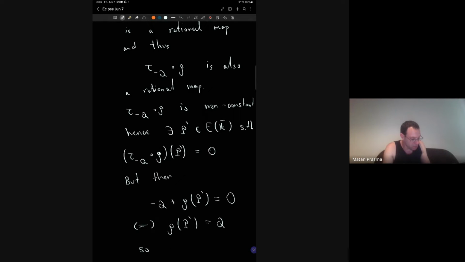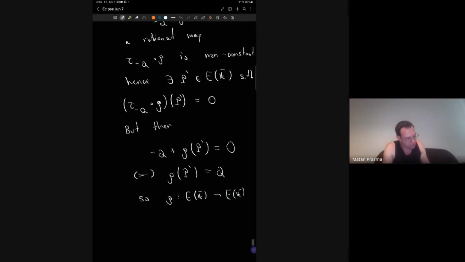So rho from E of K bar into E of K bar is surjective.